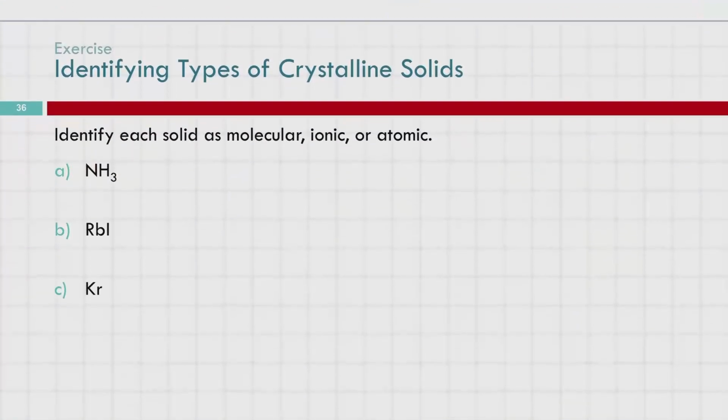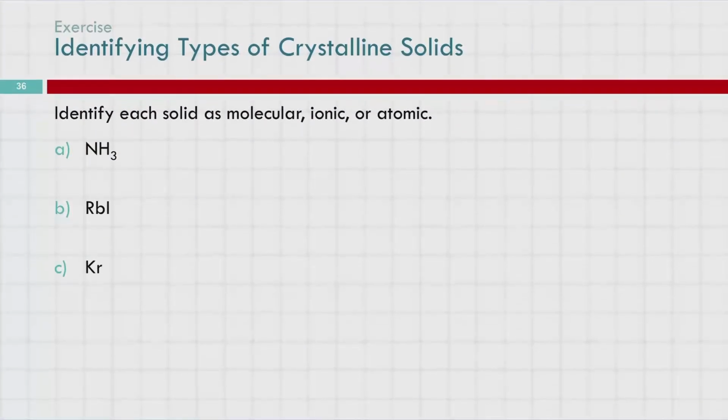All right, let's try identifying these crystalline solids. Identify them as molecular, ionic, or atomic, and compare with your neighbor. All right, first up, NH3. We want to identify this, if it's a solid, as a molecular, ionic, or atomic crystalline solid.